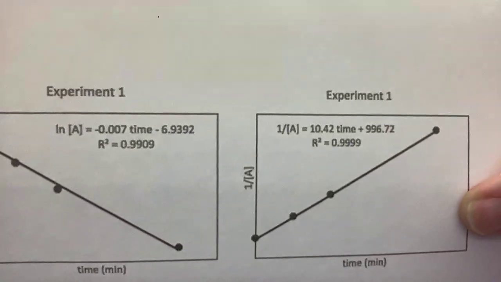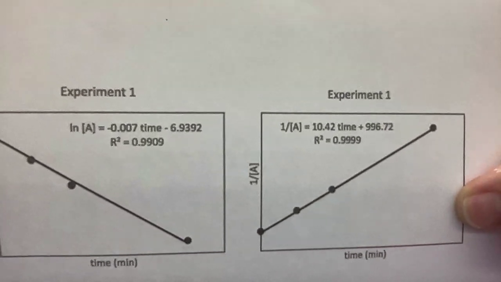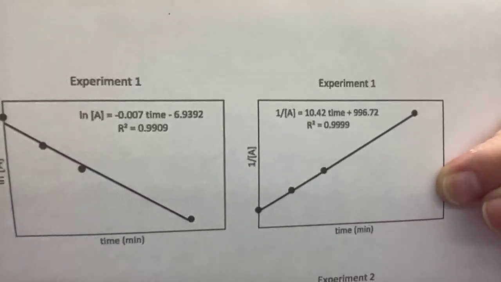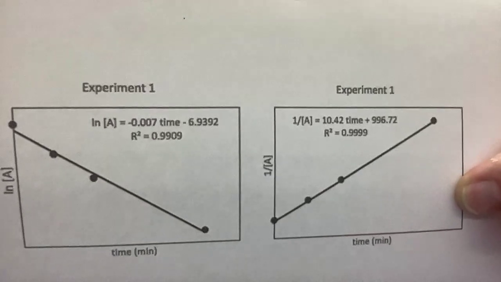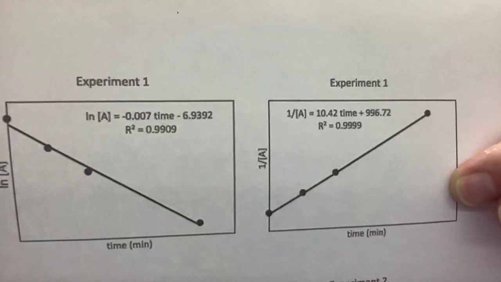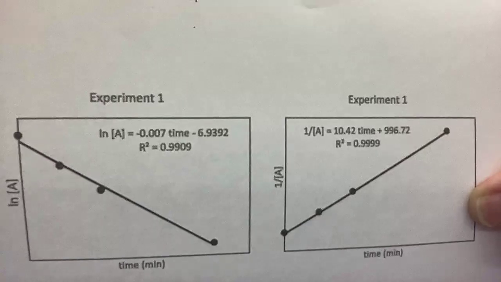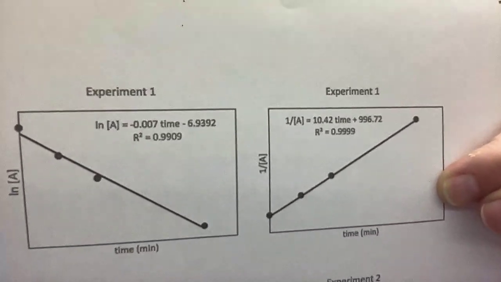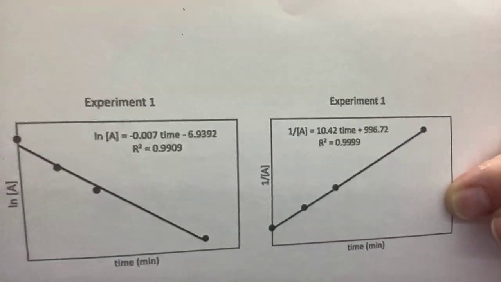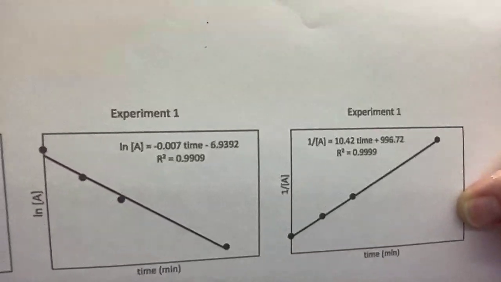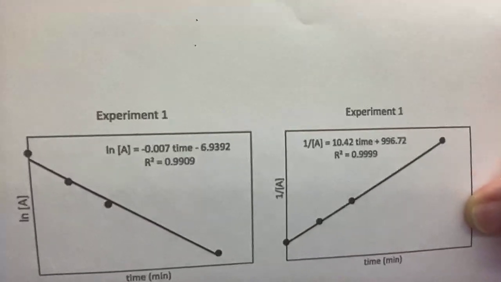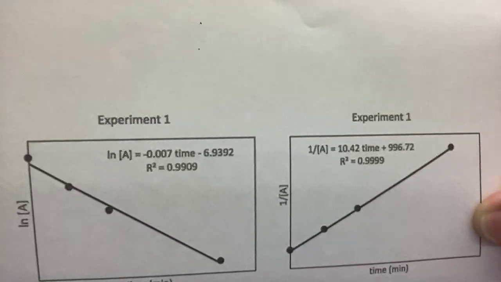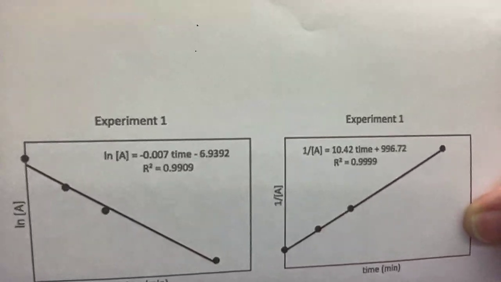And the important thing to keep in mind is that since this is linear, that tells us the rate law is second order with respect to the concentration of A. Therefore, the slope is the rate law constant. And in this case, it's the pseudo rate law constant.